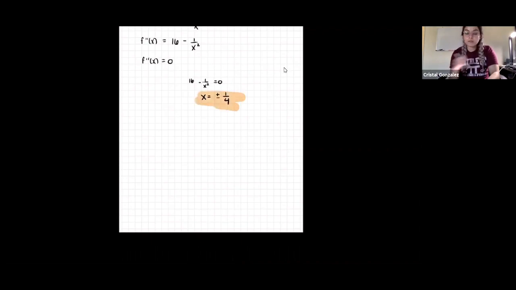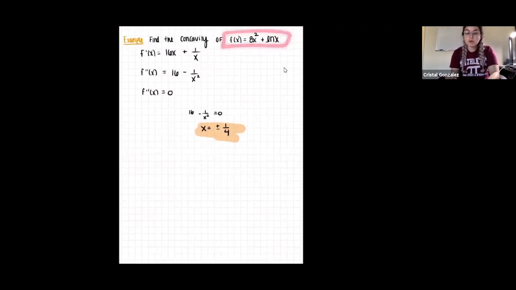But here we have to be a little bit careful because we also have to talk about what's going on in this function. Because we are dealing with the ln function, in order to find our critical points and points of inflection, we need to make sure that whatever we're plugging in is defined and continuous at that point.